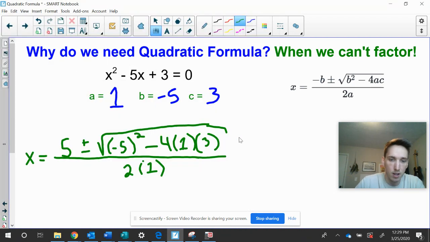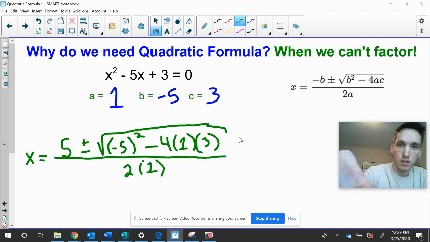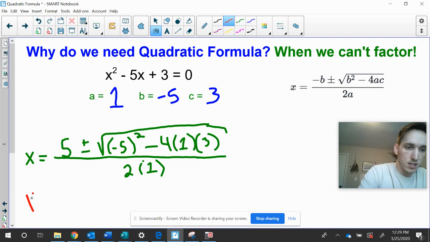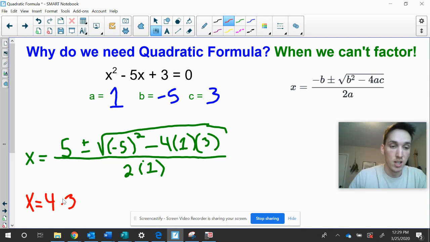So we're going to write our first answer, x equals 4.3. That means one of our x-intercepts is 4.3 comma 0, right? This quadratic function crosses the x-axis at 4.3.